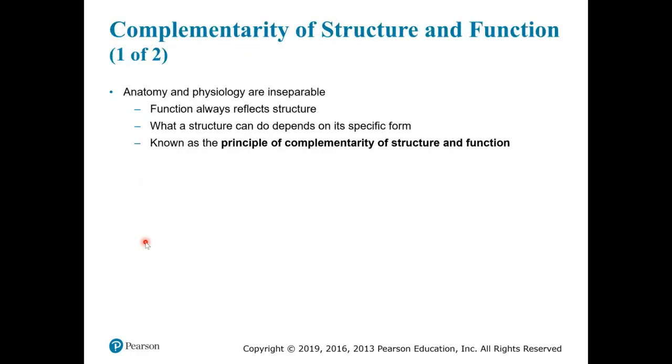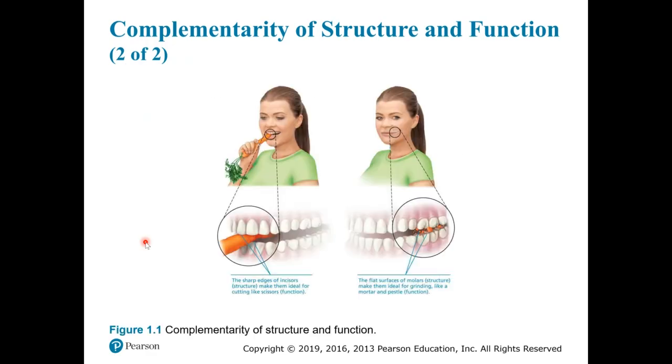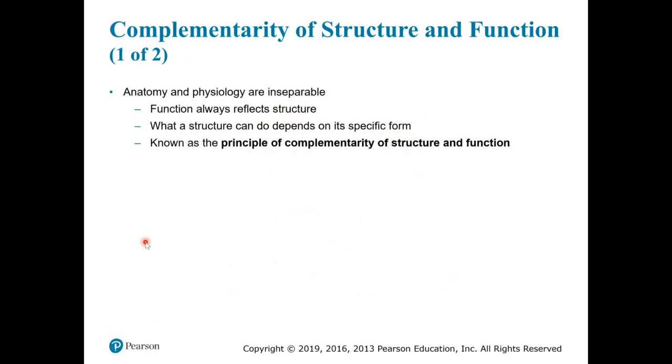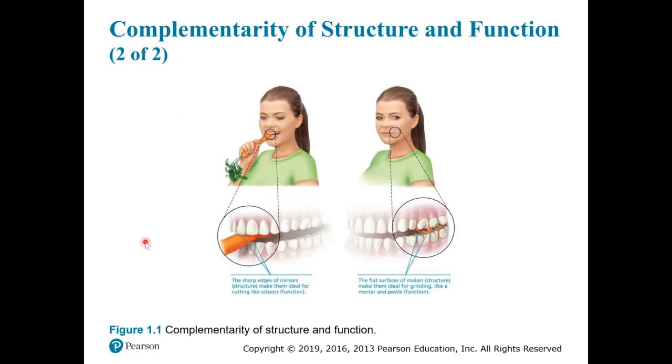Anatomy and physiology are inseparable. Hey, that's why we jam them together in the one class. Function always reflects structure. What a structure can do depends on its specific form. Complementary structure and function. So let's look at this slide first. Here she is, enjoying a carrot.